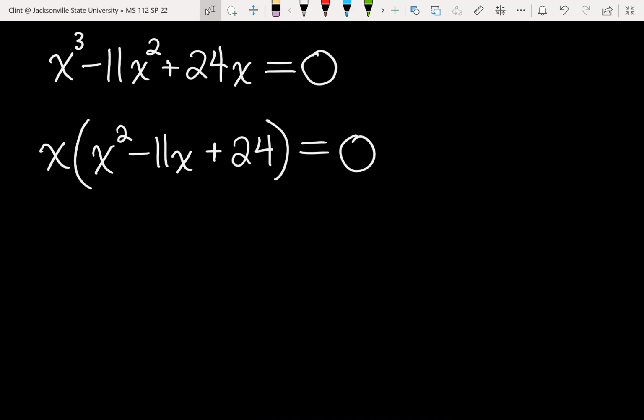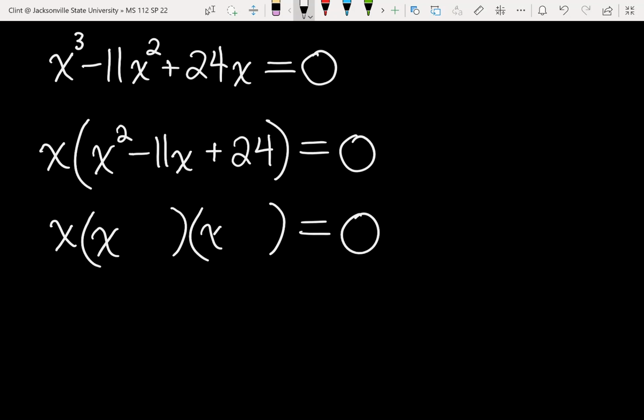On this one, it's not too bad to factor the parentheses again. I'm just gonna factor this time. There we need factors of 24 that give us negative 11. So, anybody see them?